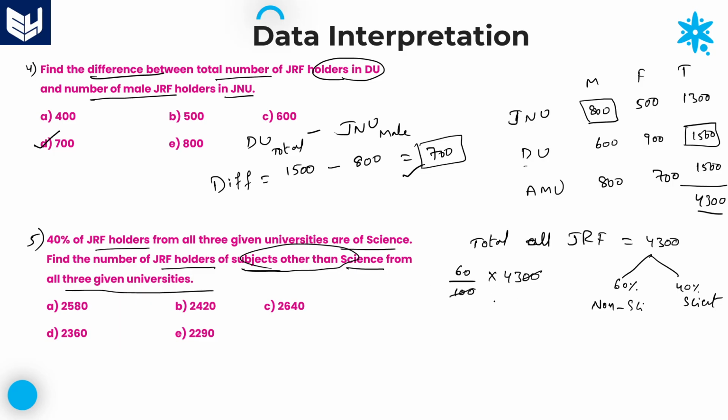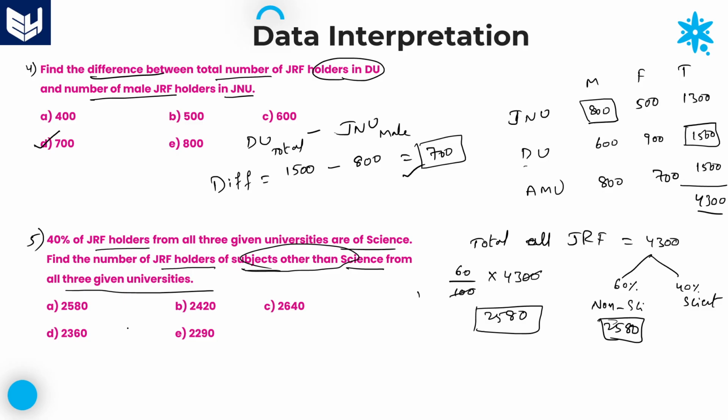Here it is 6 3s are 18. 1 is carried forward, and next 6 4s are 24, and 24 plus 1 is 25. 2580. These many JRF holders are there from other than science subjects. This is 2580 out of 4300. That is what the question is asking about.